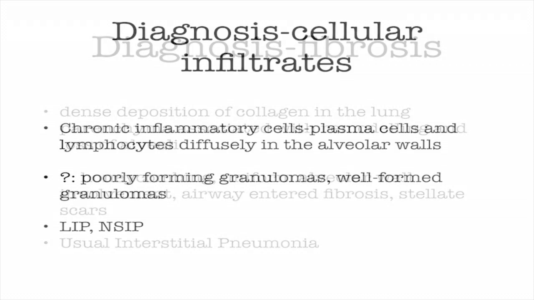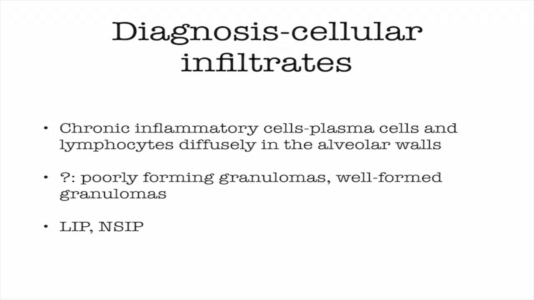Category or pattern 3 is when we talk about the cellular infiltrate. And here we will be seeing chronic inflammatory cells, which we all know, chiefly the lymphocytes and the plasma cells, and they are going through the tissue.